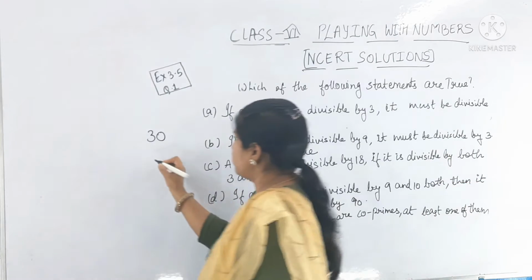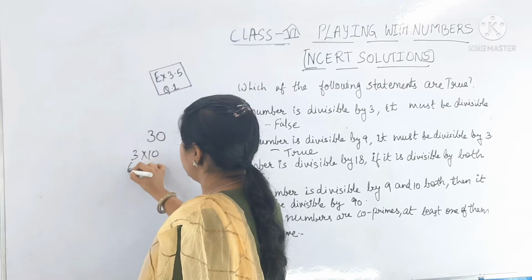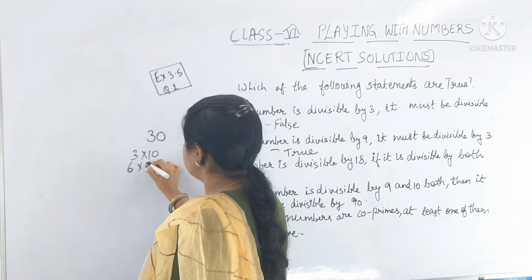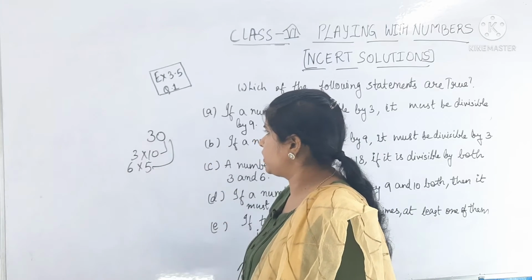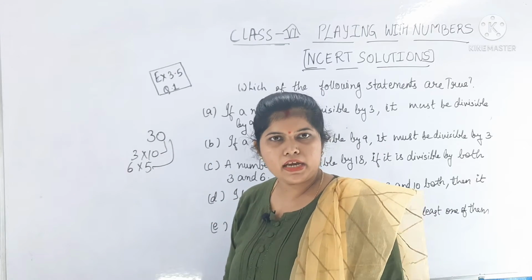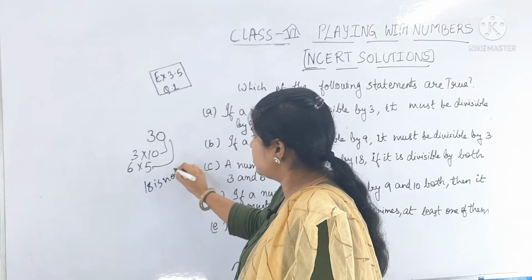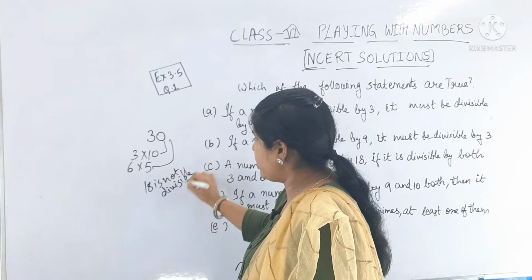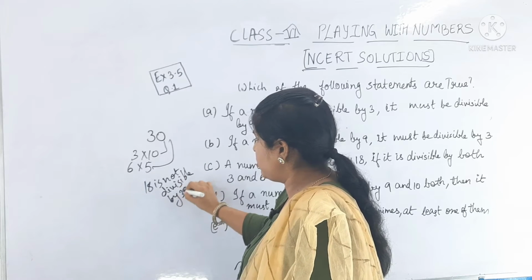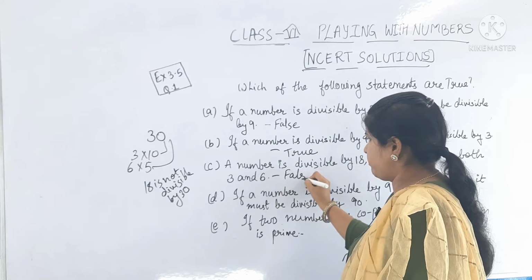We know that 3 into 10 is 30 and 6 into 5 is 30. So 30 is divisible by both, but it cannot be divisible by 18. No, 30 is not divisible by 18. So this statement is false.